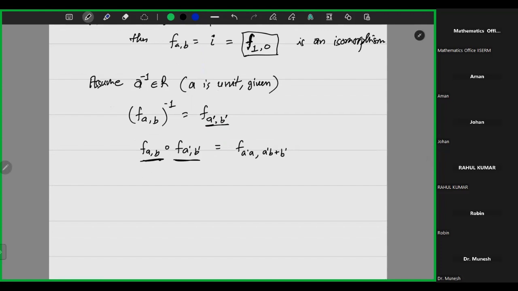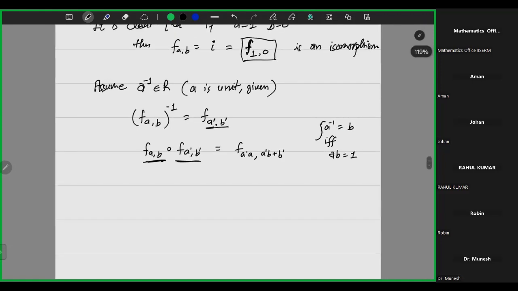If we compose them and get identity, that is enough to show that they are inverses of each other. A inverse is B if and only if AB is equal to identity in any group. But here, because they are all homomorphisms, we want the identity homomorphism as the product. So we want this to be I, or just f_{1,0}.